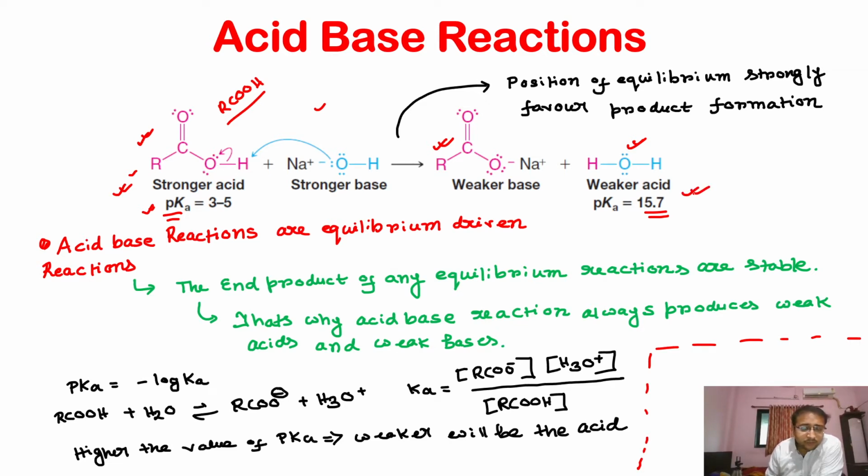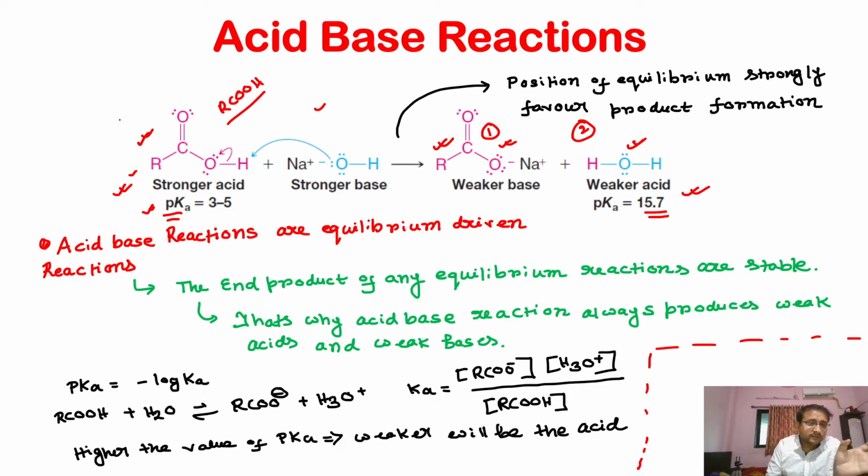That's why we always say that in any acid-base reaction, the products formed will always be a weaker base and a weaker acid. Similarly, this sodium carboxylate is also a much weaker base compared to sodium hydroxide. So the first thing you should know is that in any acid-base reaction, whatever products are obtained will be a weaker base and a weaker acid.